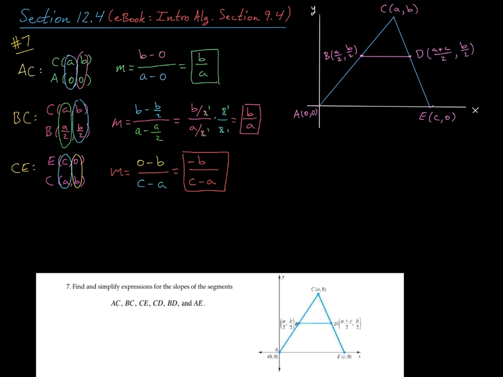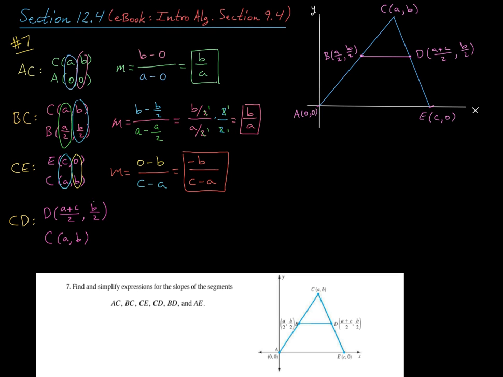How about CD next? D has coordinates (a plus c over 2, b over 2), and C has coordinates (a, b).